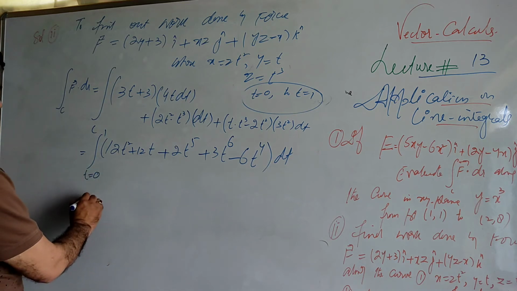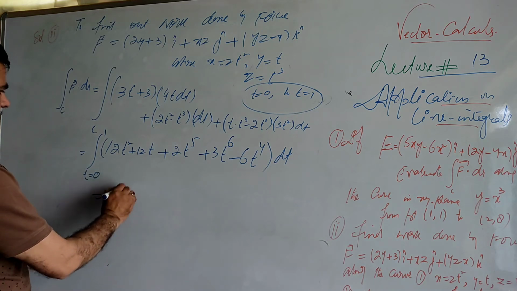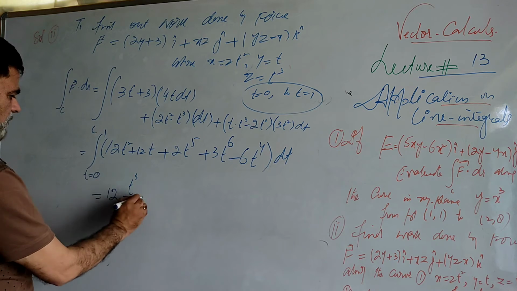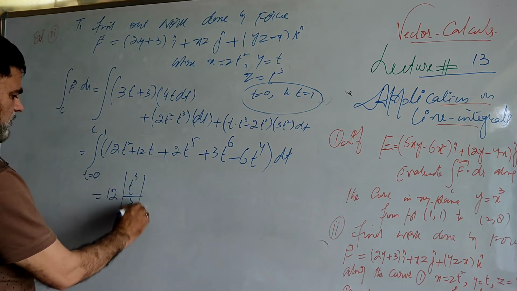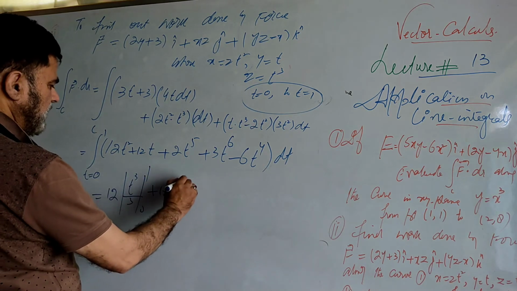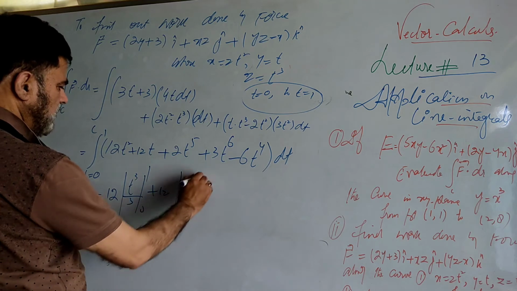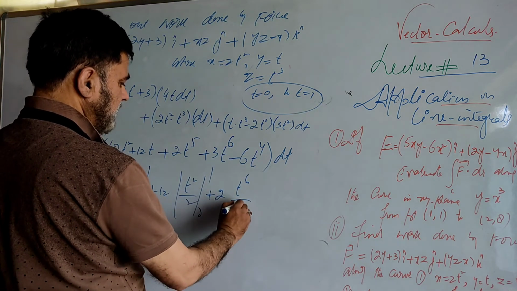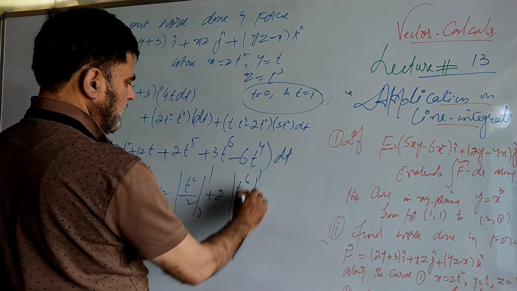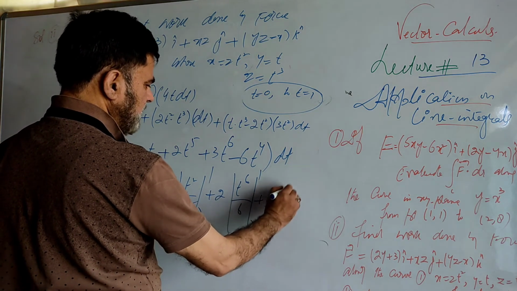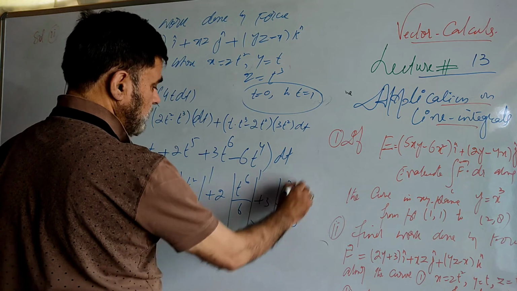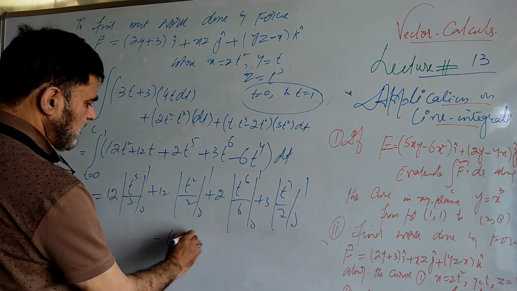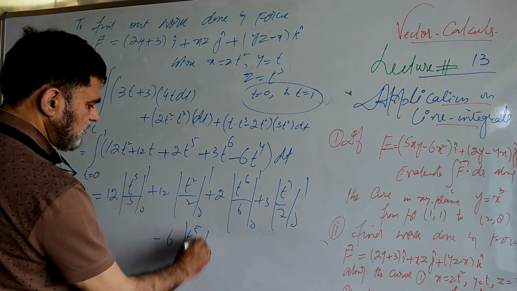What is this? It is 12 t cube by 3, limit from 0 to 1, then 12 t square by 2 from 0 to 1, then plus 2 t6 by 6 from 0 to 1, then plus 3 t7 by 7 from 0 to 1, then minus 6 t5 by 5 from 0 to 1.